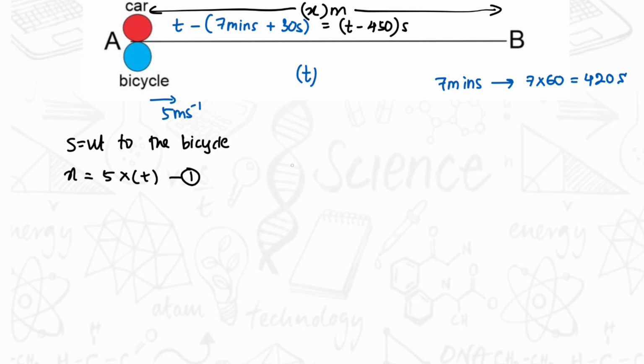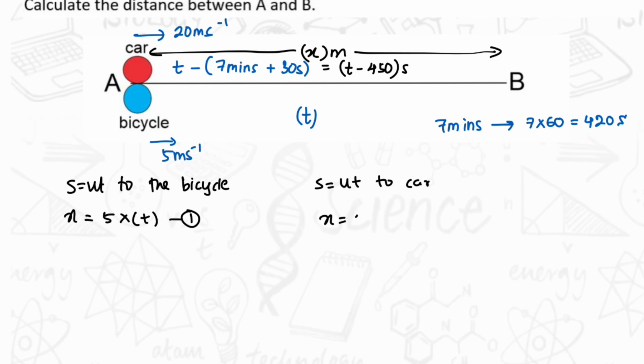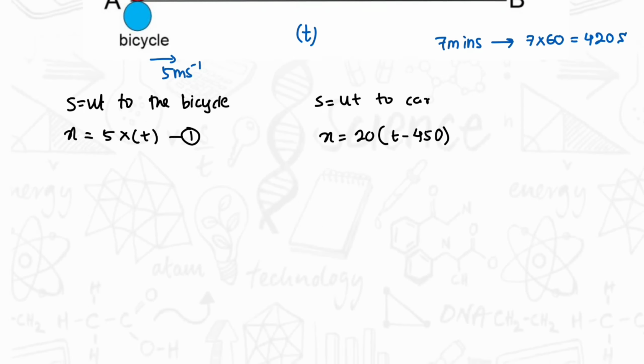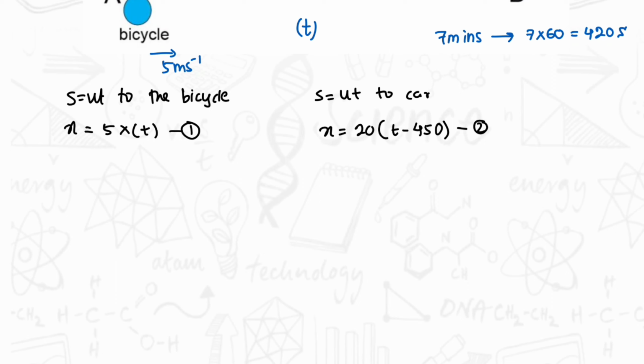And then in the next equation we apply s equals ut to the car. The distance remains the same. The velocity of the car is 20 and the time taken will be t minus 450 seconds. And then we have the second equation. We can solve this by equating the first equation to the second equation.